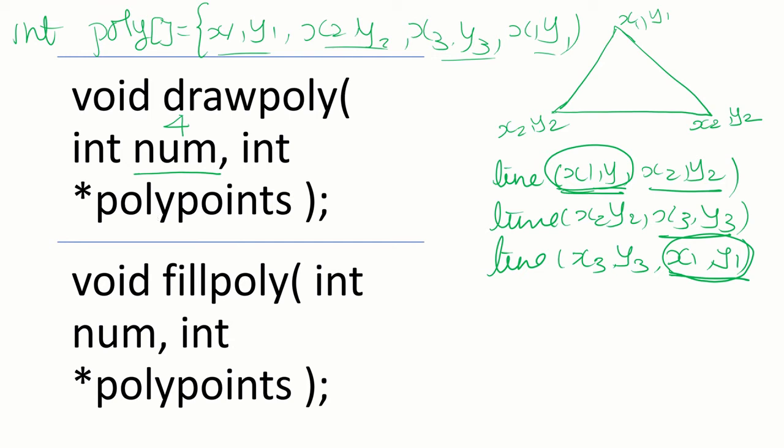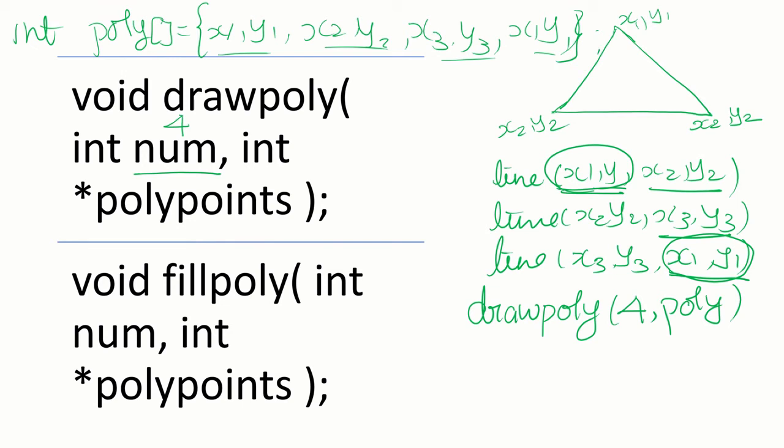To draw this particular triangle, I have to say drawpoly of 4. Though it is having 3 sides, you have to mention 4, because you have to repeat the first point, and the array name is poly. Yes, this is dynamic initialization of an array, what we have learned in our Java.